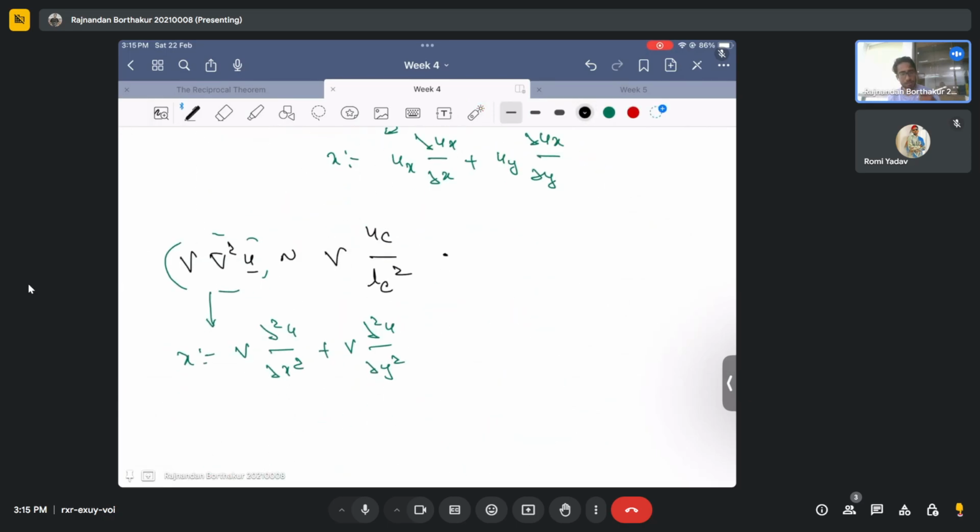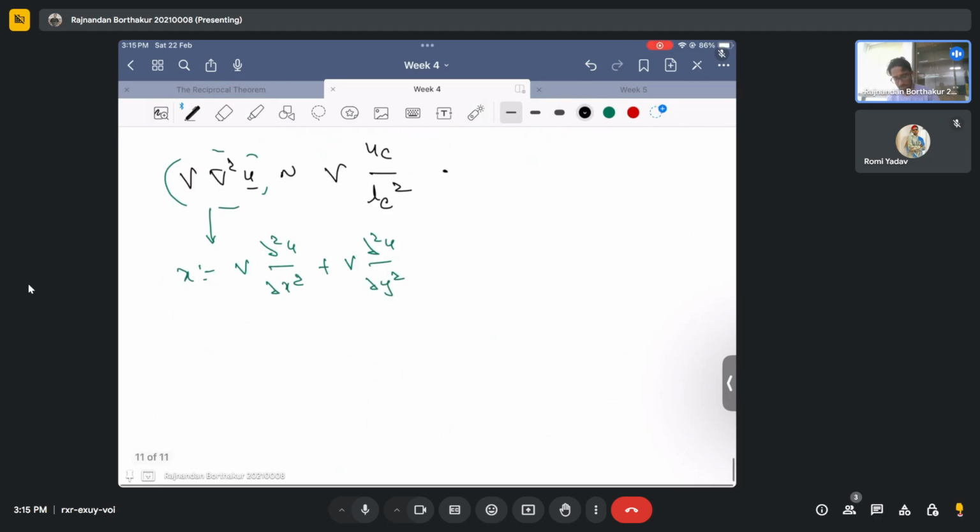The pressure term is minus 1 upon rho gradient of pressure. So it is obvious to say that this term would basically scale as Pc by rho Lc. I hope this is clear.